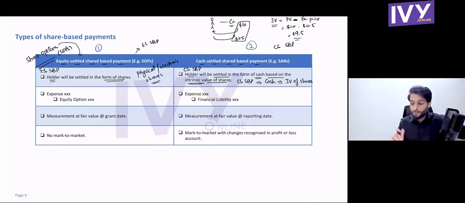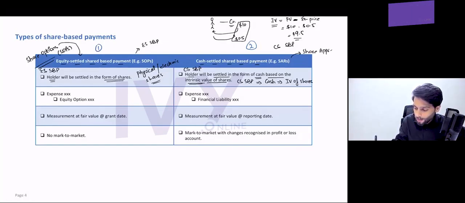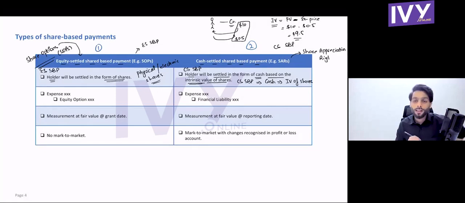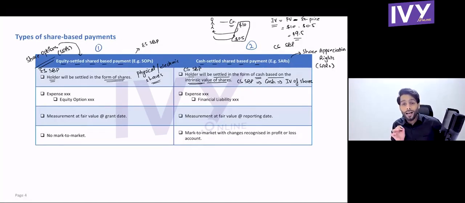And likewise, whenever there is a transaction which mentions share appreciation rights, or as I commonly call them, SARs, it is understood from an examination point of view that we are talking about cash settled share based payment, or CSSBP. Now, don't get confused by what you mean by SAR.